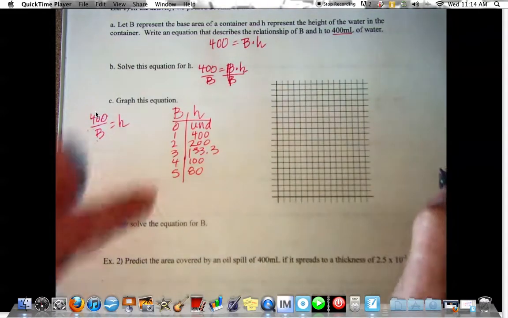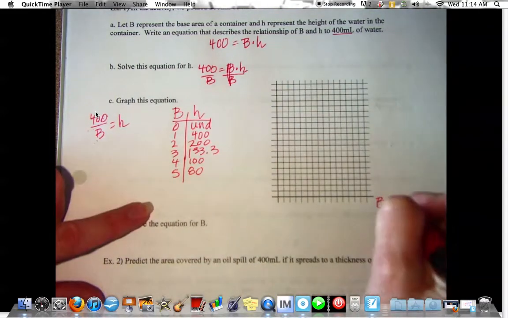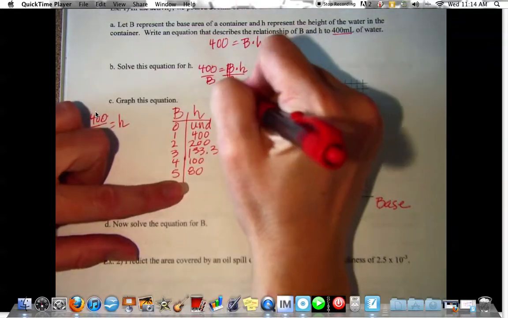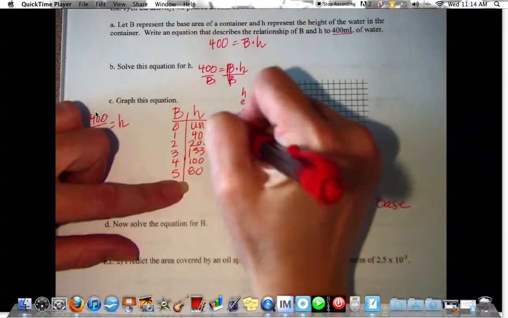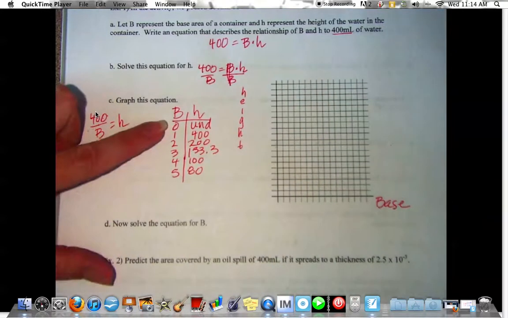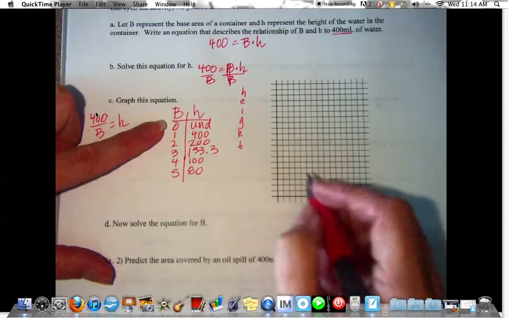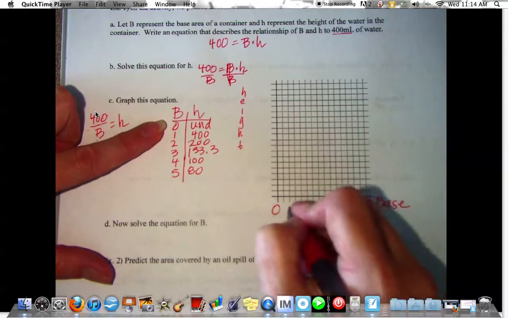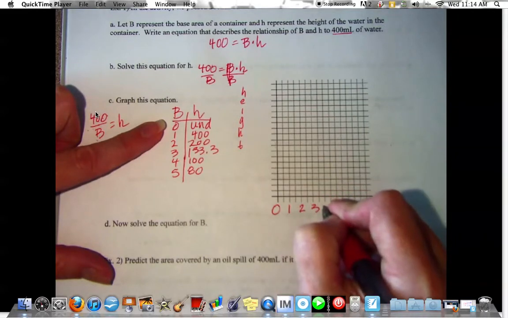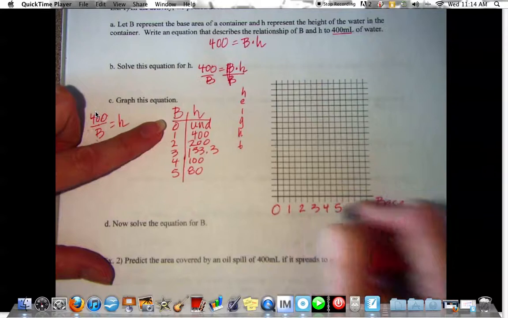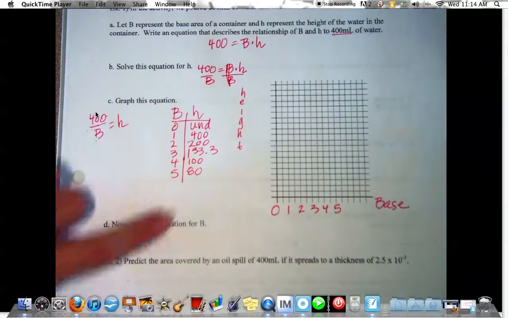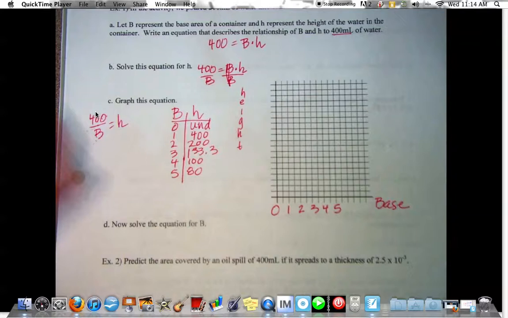On the x-axis we have the base. On the y we have the height. So on the base we need to go up to 5. So label your x-axis. On the y-axis, our largest value is 400.